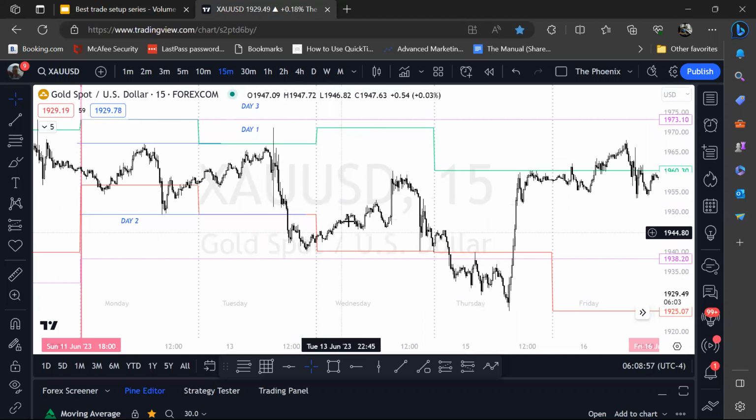What will happen now, though, is we would have been looking to see a continuation here as day two, but what has happened is the fact that price breached this low and then closed back inside this range. Yes, it's still day one, and this is day two, but it is now day one because of the fact that this low was breached and we have a close back inside on the next day. So this is now day two.